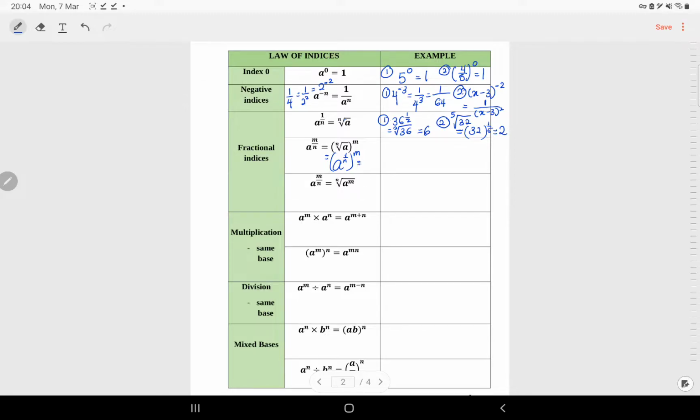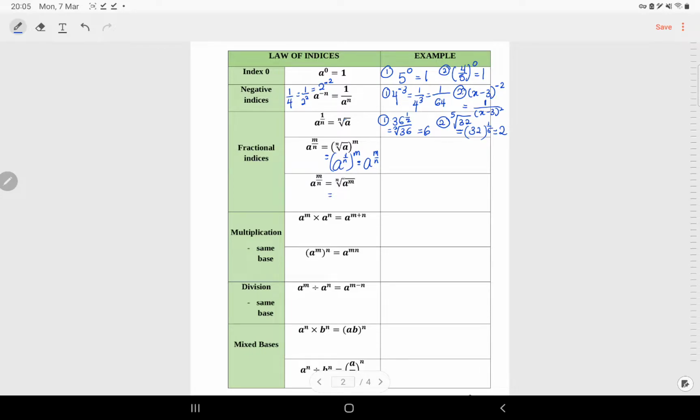If you look at multiplication, same base, a to the power m, the whole thing raised to n, what you do is you multiply the powers. So when you multiply the powers here, 1 over n times m, that is a to the power m over n.